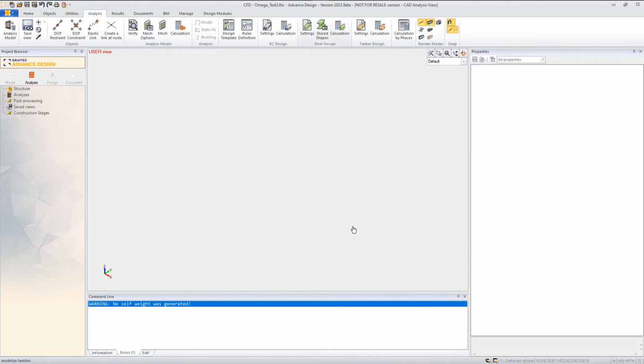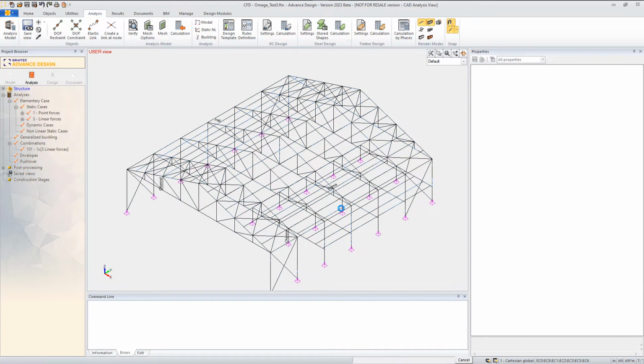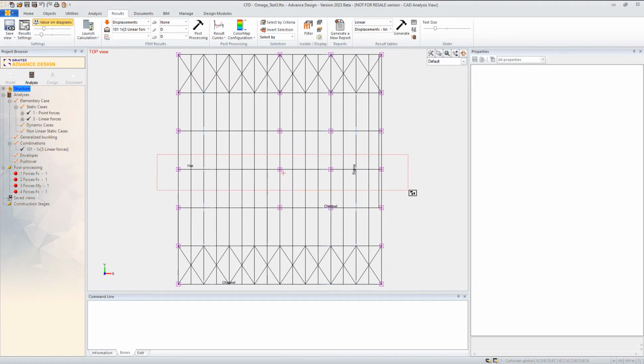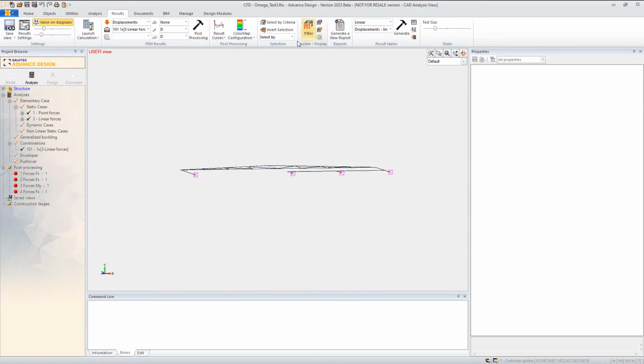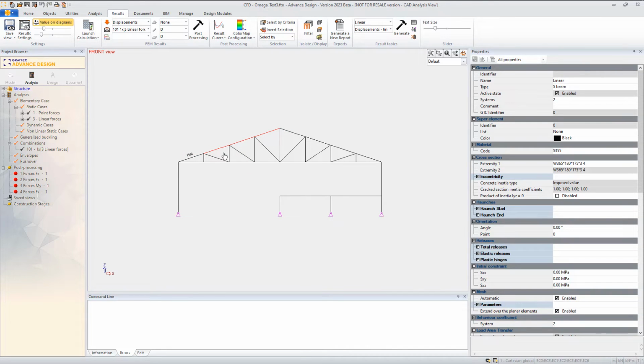So the model is computing. We will get of course the displacements, but I'm interested in the internal forces in this top chord. So what I can do is work on a specific part of the model right there, and I will select this part of the top chord, and I will check the axial force to begin with.